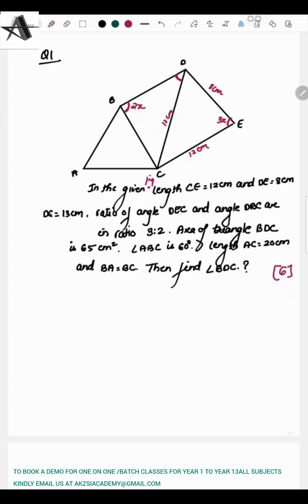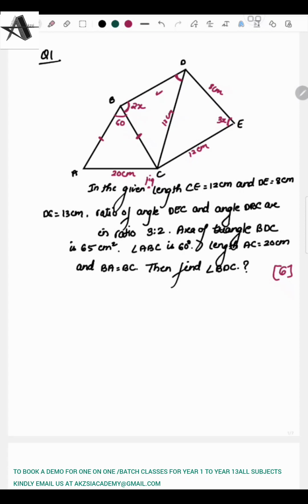The area of triangle BDC is given, and angle ABC is 60 degrees, and the length of AC is 20 centimeters. AB is equal to BC, that means it's an isosceles triangle.